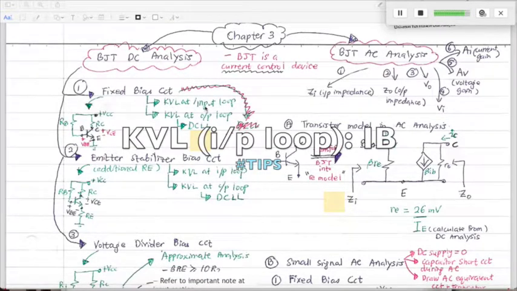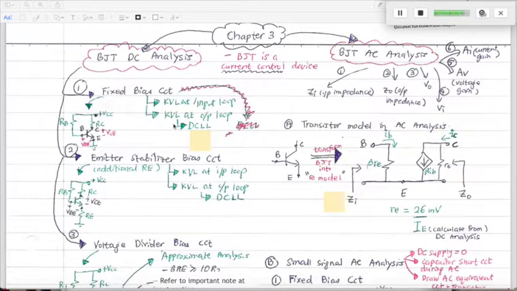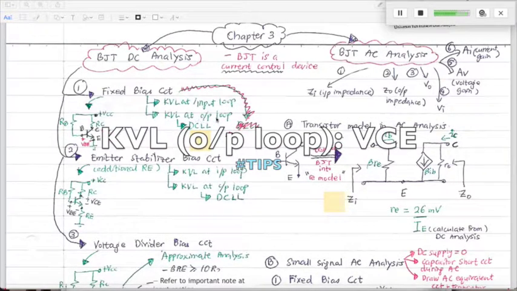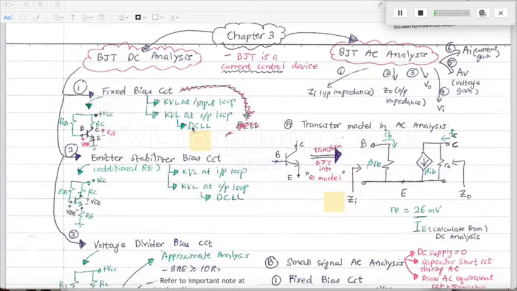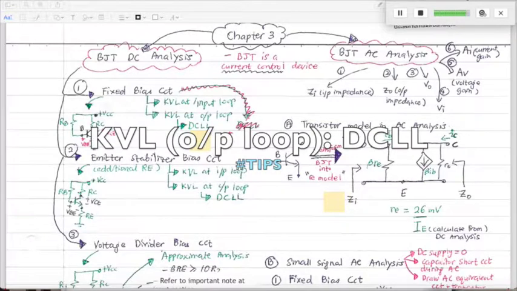When you solve KVL at the input loop, you will get the IB value, and when you solve KVL at the output loop, you will get the VCE value. At the same time, the DCLL, or DC load line analysis, can be obtained using KVL at the output loop.